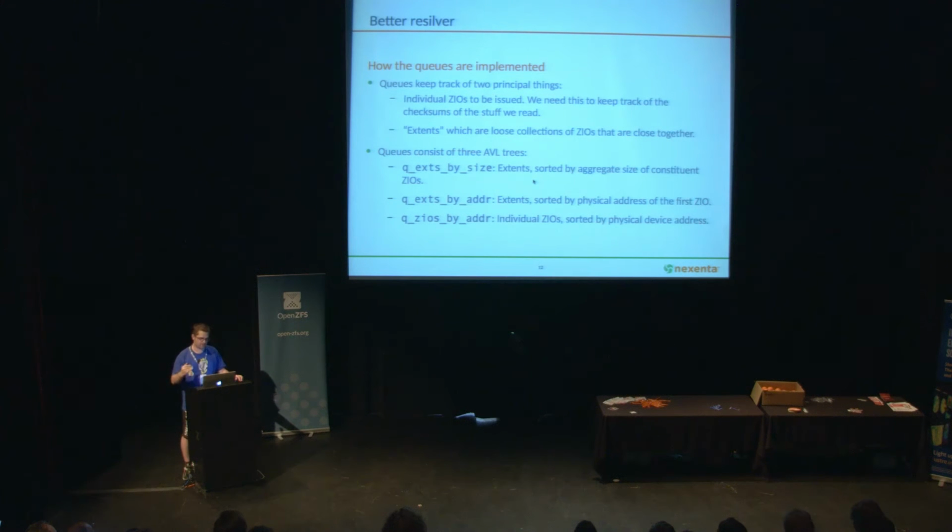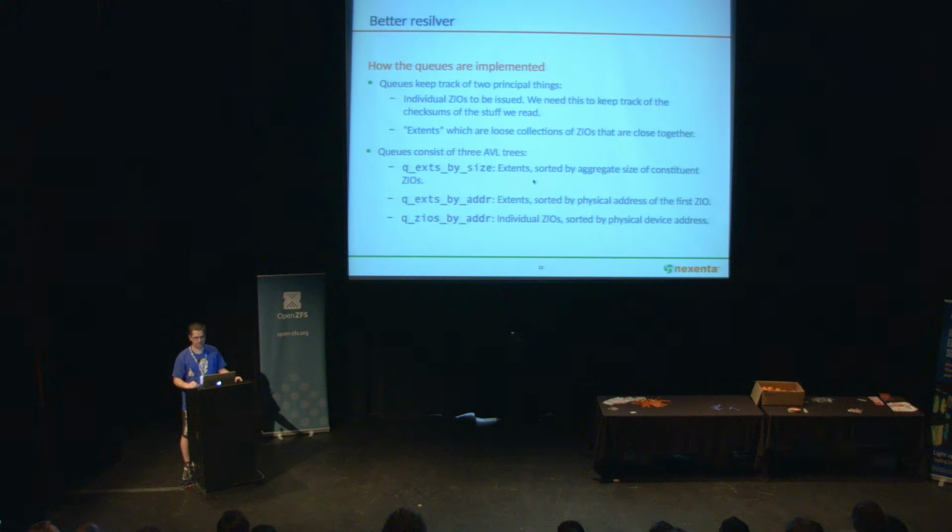We have a tree that tracks each extent sorted by the aggregate size of the constituent ZIOs, so we know how large an extent is and how much of it is actually filled with ZIOs, so we know roughly how valuable it is. And at the front of the tree, we have the biggest, chunkiest targets that we might want to work with.